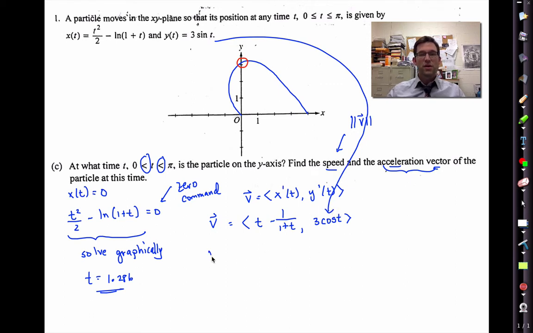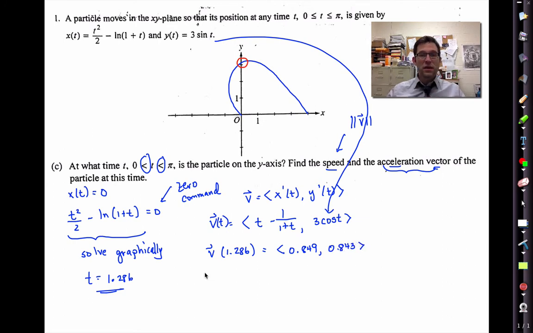All right. So if I want v at 1.286, this is completely acceptable notation because v is a function of t. Then it's ugly, I've got to plug the numbers in. It's not interesting. And I get 0.849 as the x component, and 0.843 as the y component.